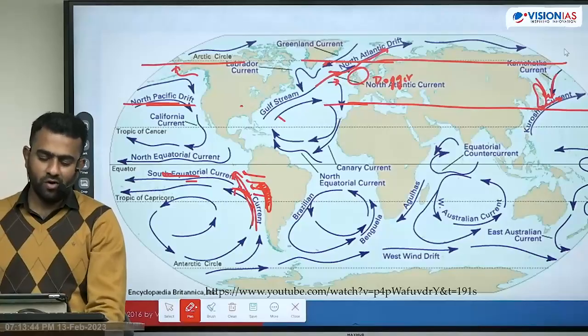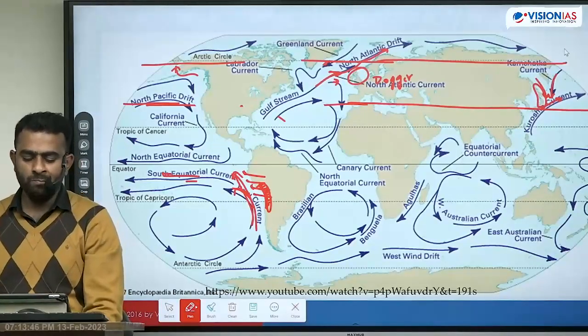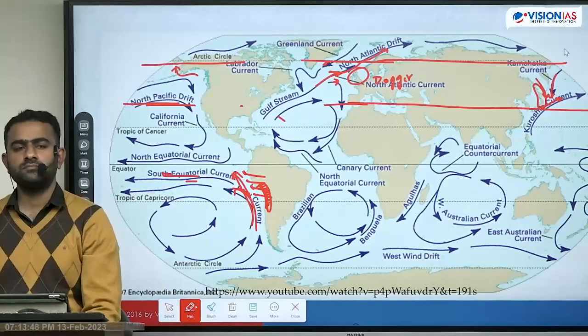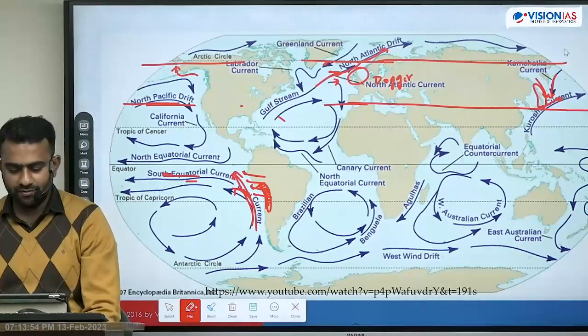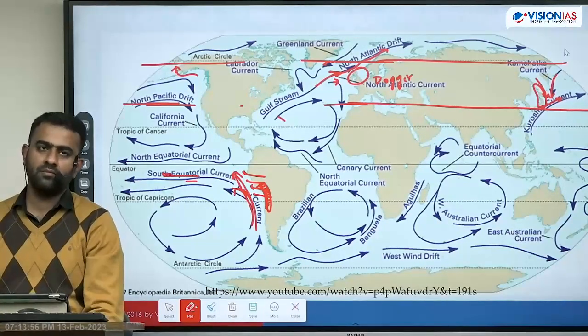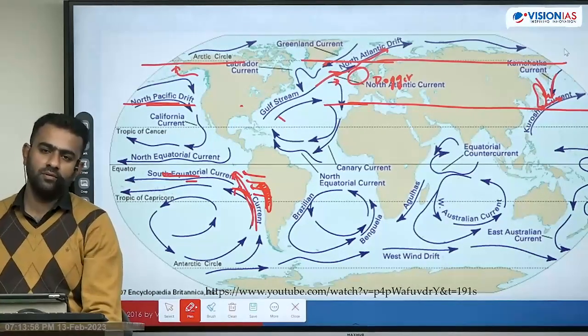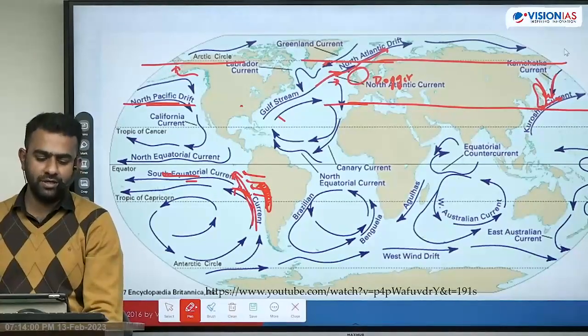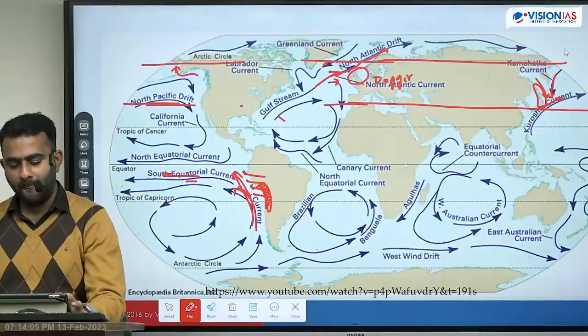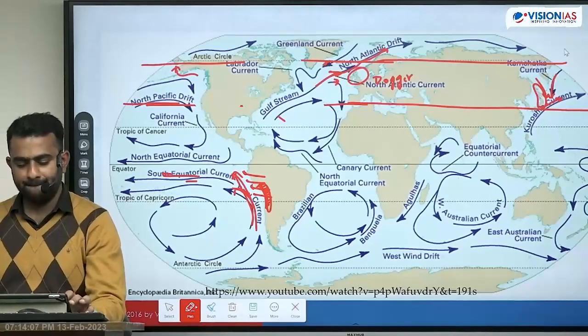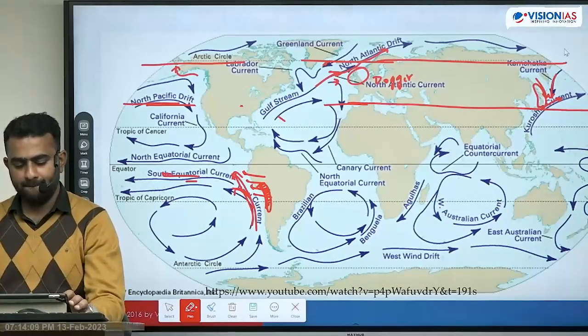The merging of warm and cold ocean currents result in fog formation, which may obstruct ocean navigation.